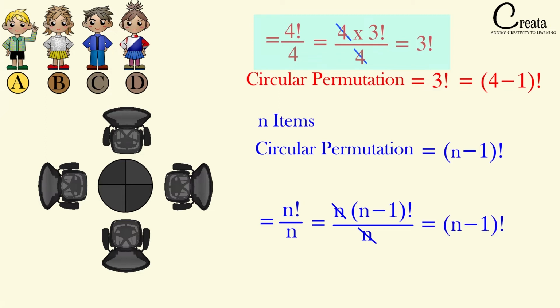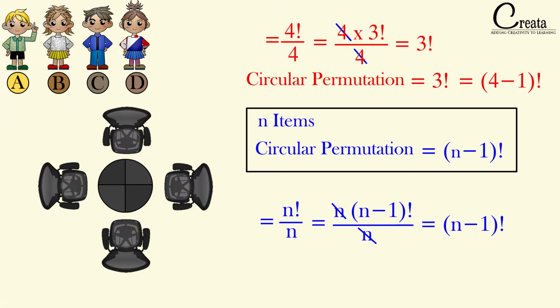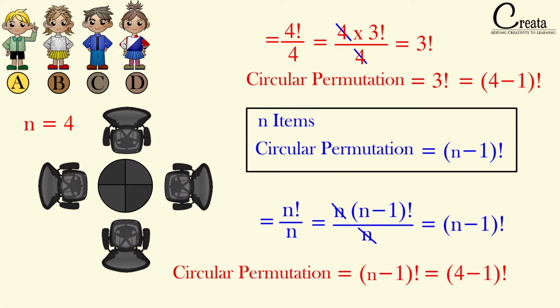Got it? This is the concept and this is the formula. That is, the circular permutation will be equal to n minus 1 factorial. In this case, n is equal to 4. That is, we are having 4 persons and we have to arrange these 4 persons in the 4 chairs in the circular manner. So our answer will be n minus 1, that is 4 minus 1, which is 3 factorial. Got it? This is the concept of the circular permutation. Okay?